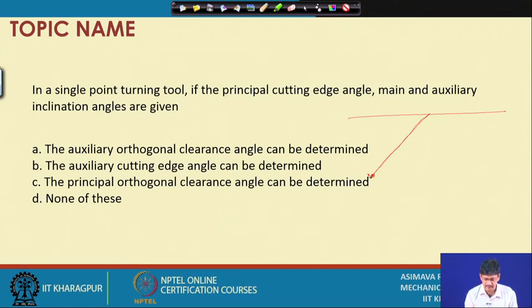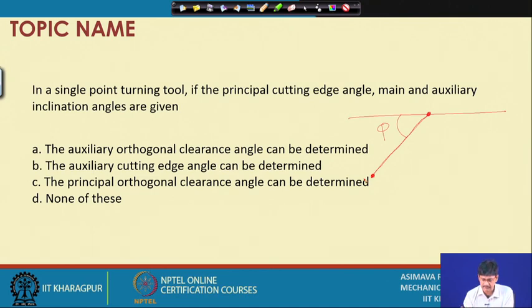Mind you, we are knowing nothing else. So let me write down, this is known. So, we can say that on the rake surface, I am knowing the inclination of a straight line on it, that is the main cutting edge.